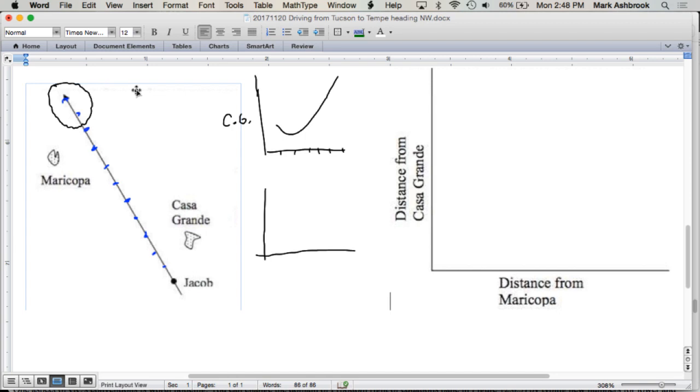So make sure you have that aspect of what's happening actually all the way starting from here.